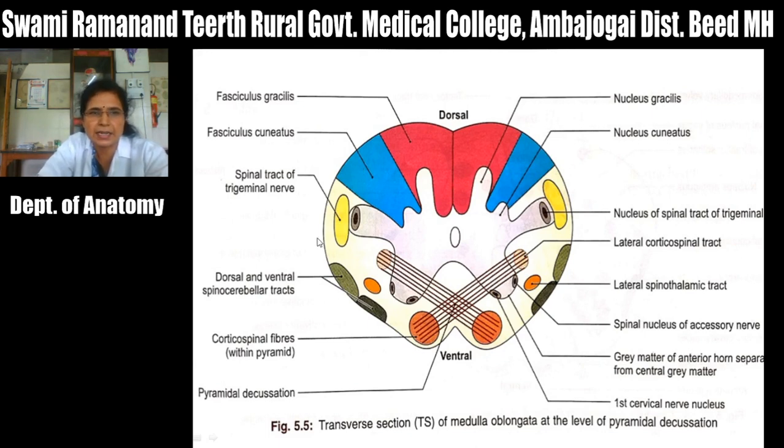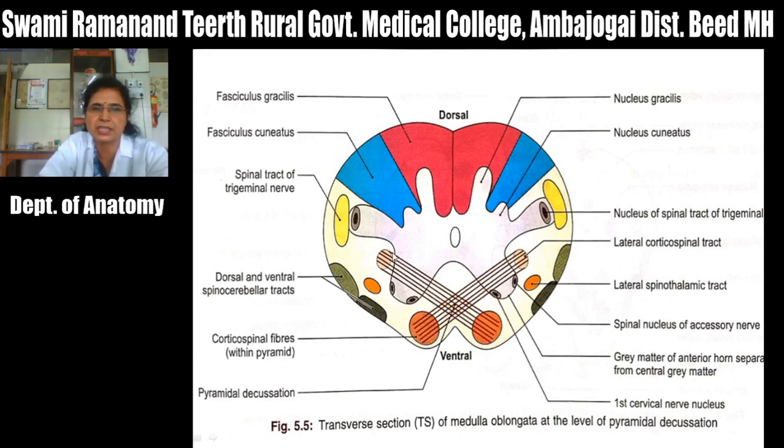Then the lateral funiculus is occupied by various ascending and descending tracts, the main tracts being the dorsal and ventral spinocerebellar tracts, the lateral spinothalamic tract, and other ascending and descending tracts. So this is about the transverse section at the level of pyramidal decussation.